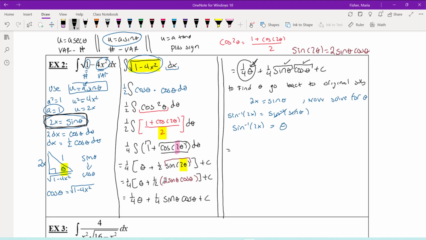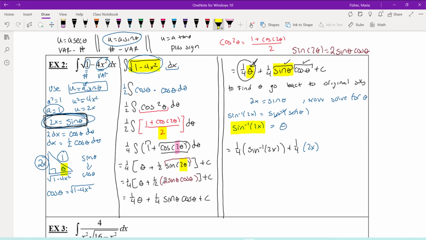So in the end, we have 1/4. Instead of theta, I'm going to write inverse sine of 2x, and then plus 1/4. Going back to the triangle, the sine of theta is opposite over hypotenuse, which we found right here, 2x.